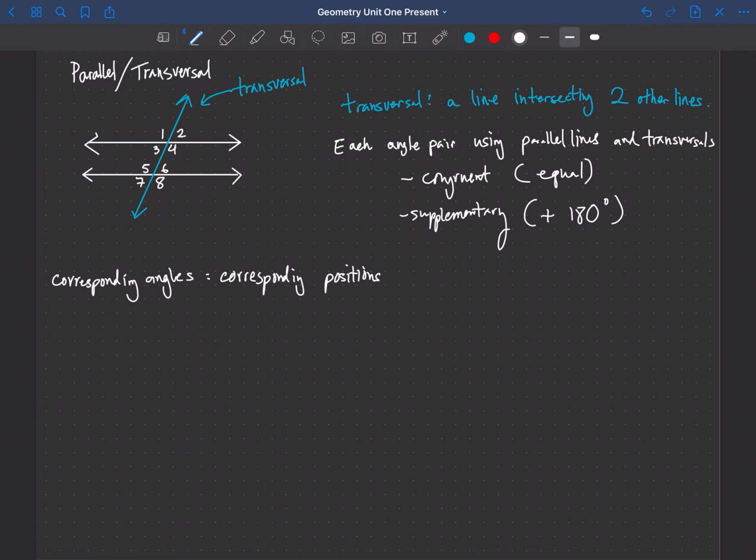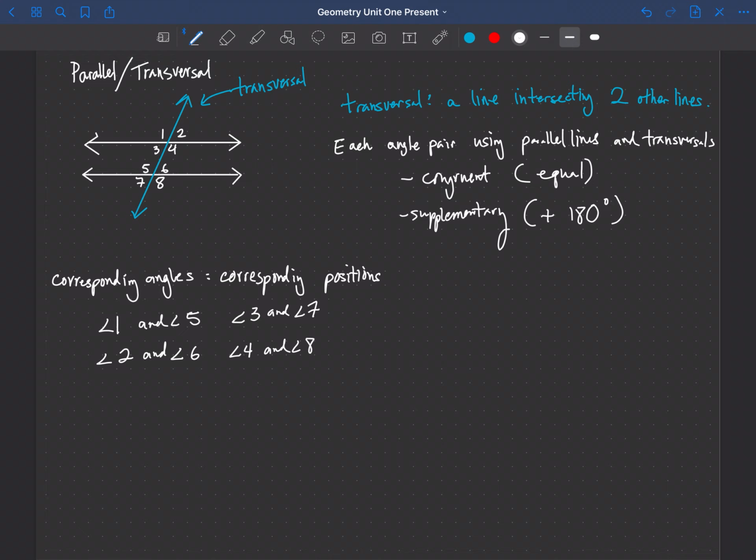So all those pairs are corresponding angles: angle 1 and angle 5, angle 2 and angle 6, angle 3 and angle 7, angle 4 and angle 8.